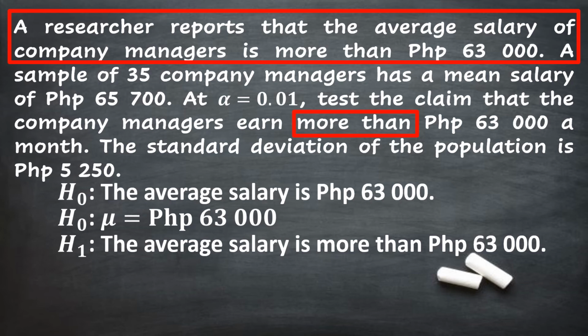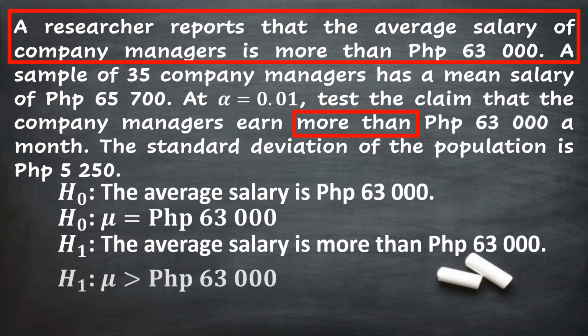Okay po? So, kung ano yung term na ibinigay sa word problem, then you have to use it. So, if it is stated na is more than, then you have to use in the alternative hypothesis na it should be more than the given numerical value. That's why our alternative hypothesis is more than 63,000 pesos.